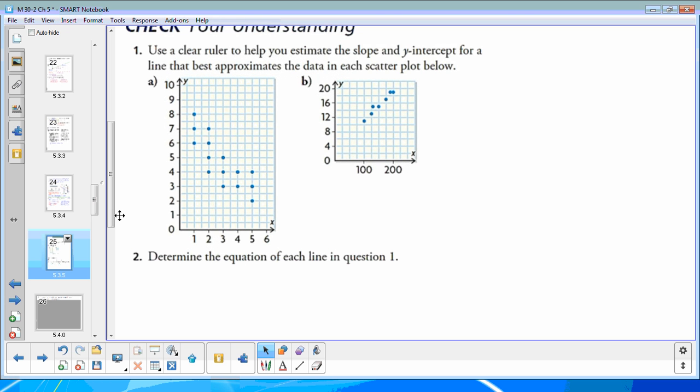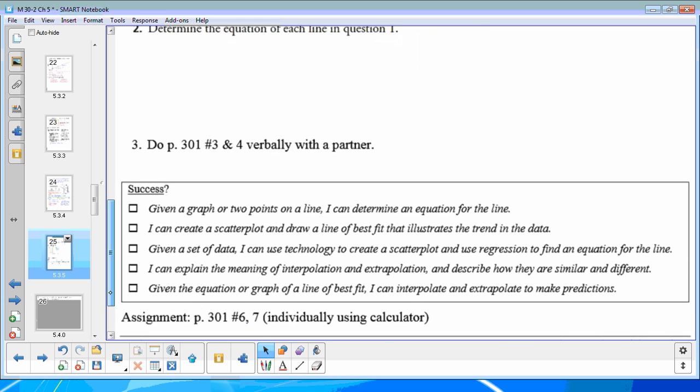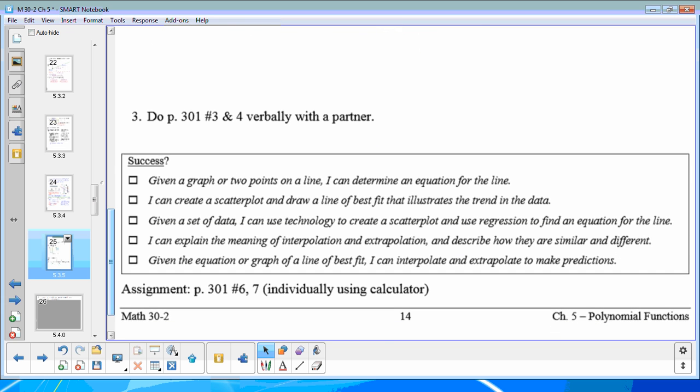Our equations for B will probably be more similar. A, that's kind of hard, but do your best approximation to draw a line of best fit. Number 3 and 4, you can just do with a partner. Don't need to write stuff down. And then 6 and 7, those you can write down using a calculator. And that's as much as we'll do for today, I think.